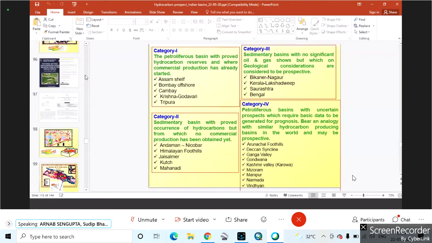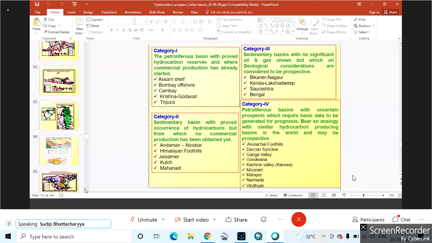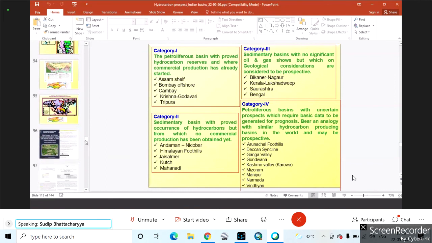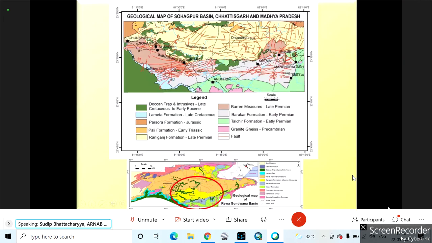I am going to that slide of the Sohagpur coalfield. Please explain to me in that way. I cannot get you, because some sound is problematic. Please once more.